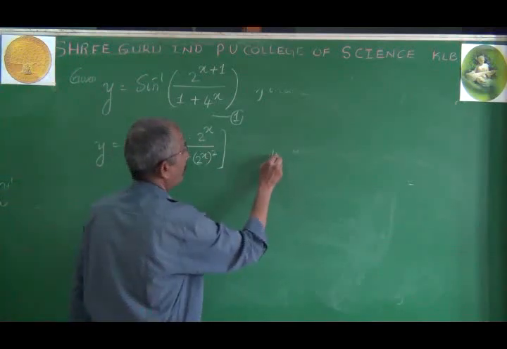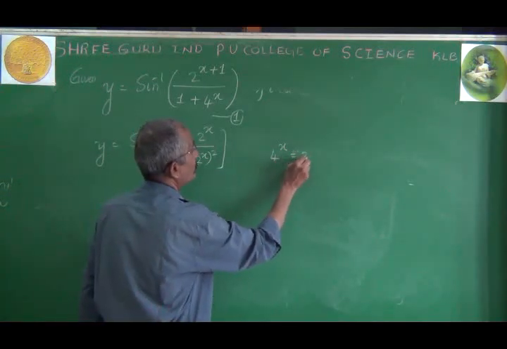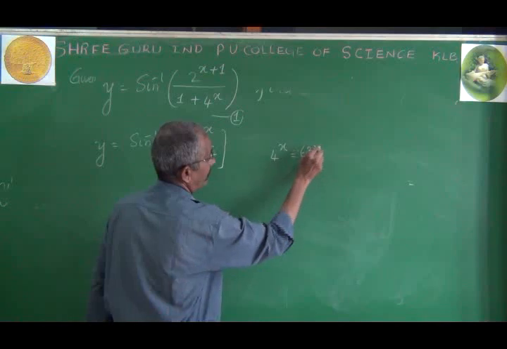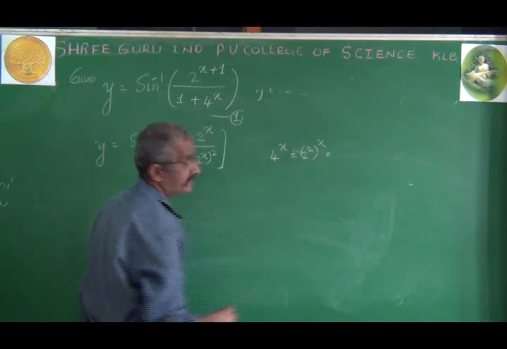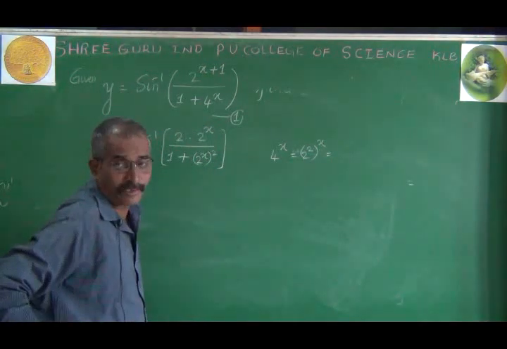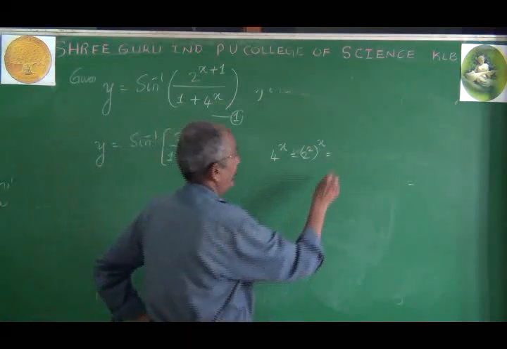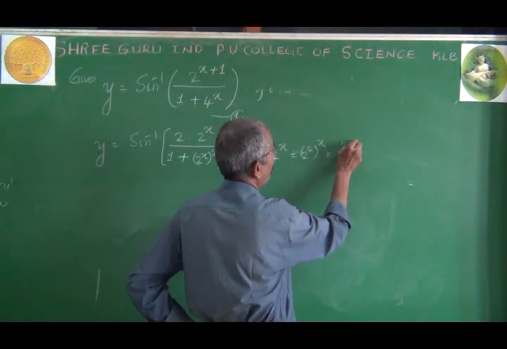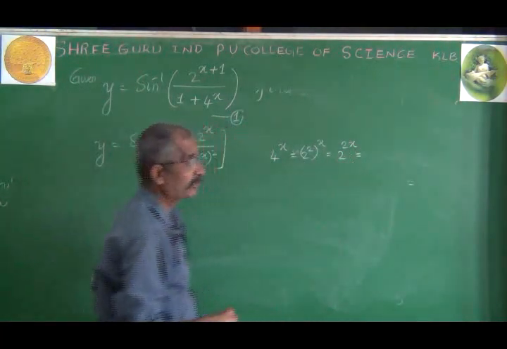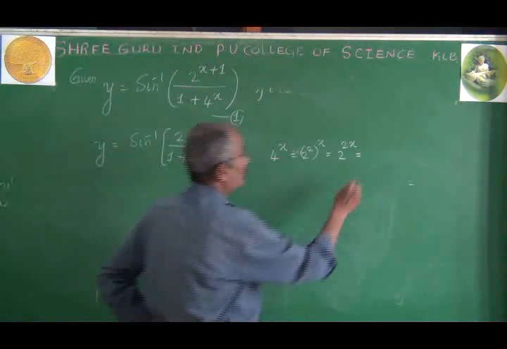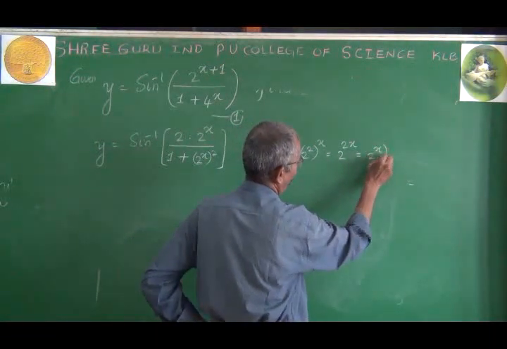Actually, 4 power x means 2 square whole power x. By laws of indices, (a raised to m) whole raised to n is a raised to mn, so 2 power 2x, and further 2 to the power 2x can be written as (2 to the power of x) whole square.